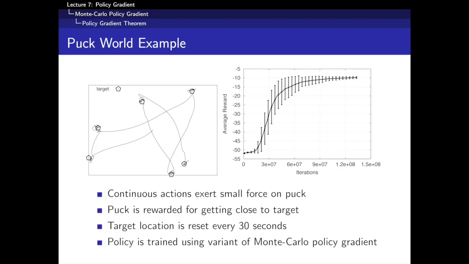The second thing to take away is that the scale here, we're talking 100 million iterations to solve this problem. So it's slow. Monte Carlo policy gradient methods tend to be slow. They're very high variance. They're looking at this complete return of what happened, estimating the gradient from that return and moving in the direction of that estimated gradient.